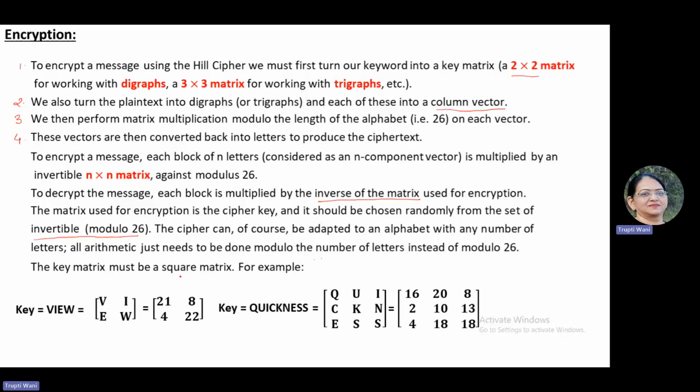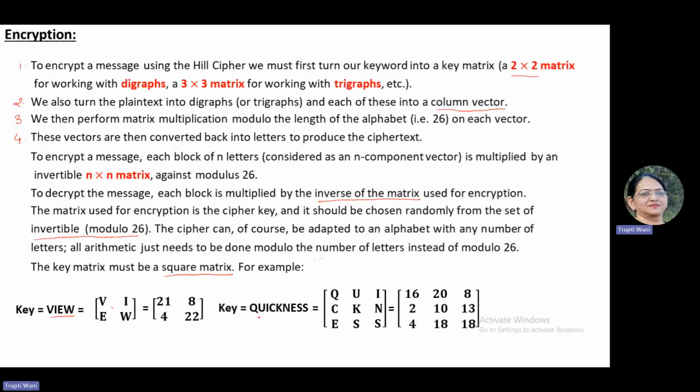The key matrix must be a square matrix. As I told you, it should be a square matrix, and an invertible matrix. I will tell you what is meant by invertible matrix also. Now, for example, the key is BLUE. There are 4 letters, so it becomes a 2 by 2 matrix, and it is written as VIEW.